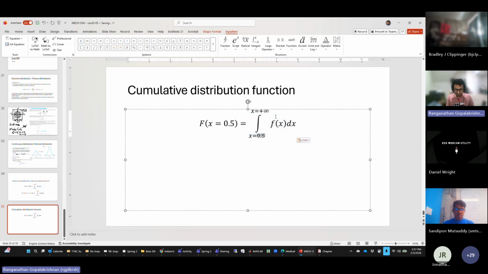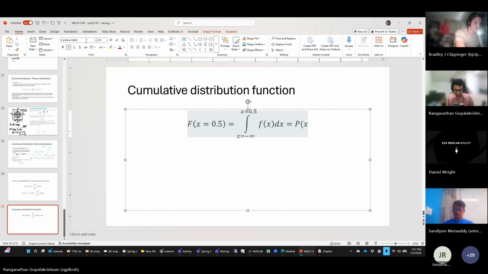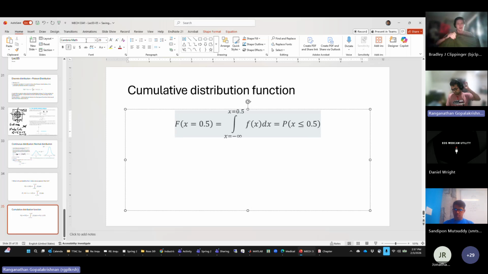This is nothing but the probability of x less than or equal to 0.5.